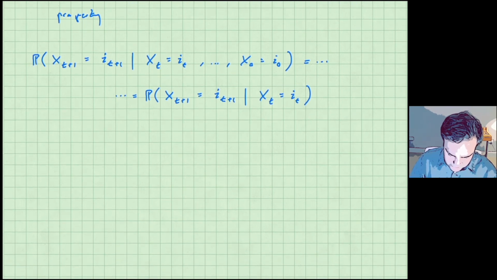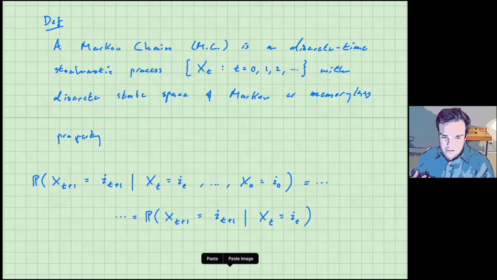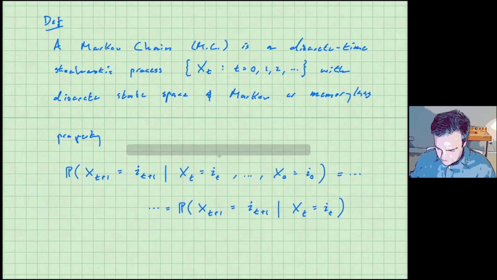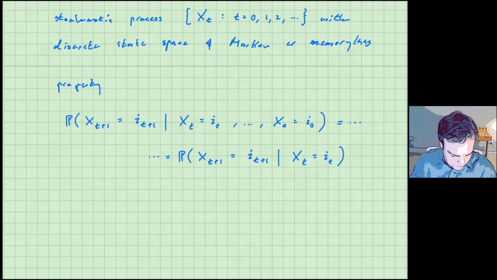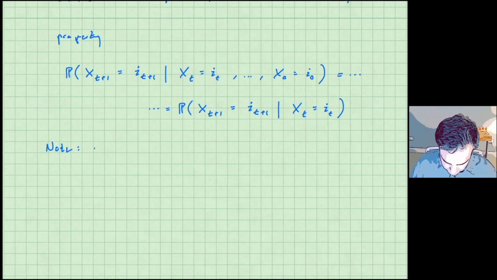Okay, so that's the Markov property, or the Markov chain. That's the definition there. But before we really make much use of it, I should point out that there are a lot of alternative definitions for this, and if you look around in different books, you might find lots of different alternative definitions. Many of them are equivalent to this.